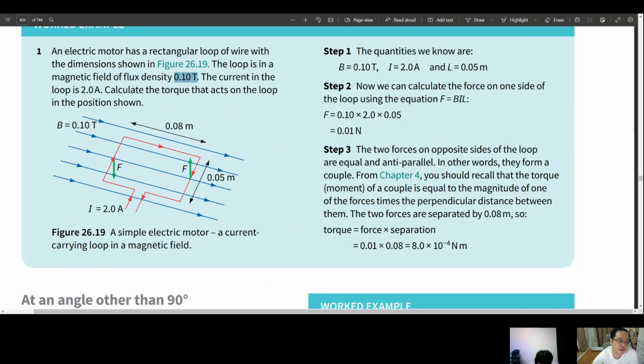So firstly, we calculate the force, F equals BIL, and then multiply the force with the distance to the axis of rotation. There's a problem with this one.